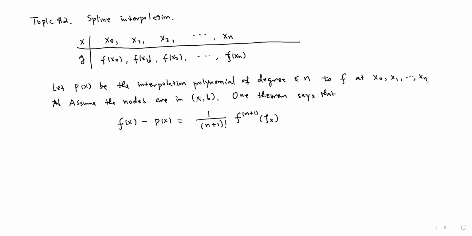Psi, this point, is also in this open interval. Then times the product of x minus xk, k goes from 0 to n, right? Do you remember that formula?